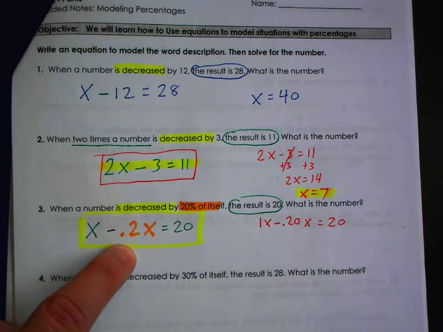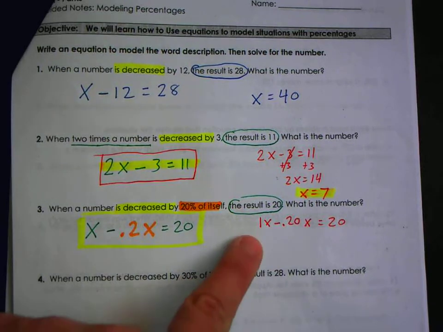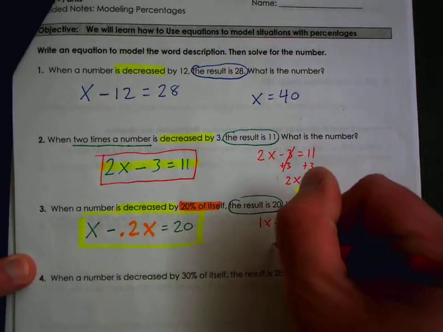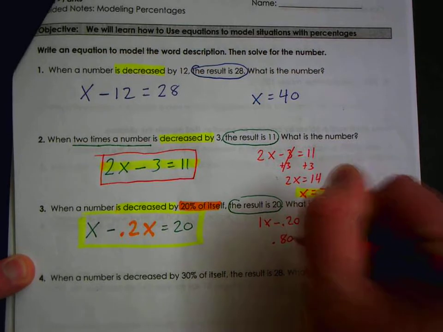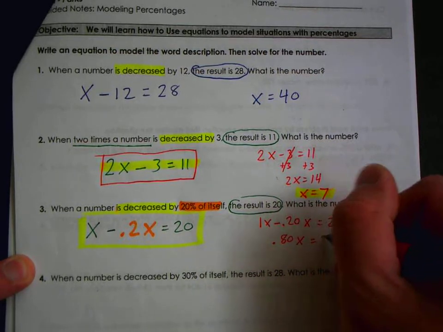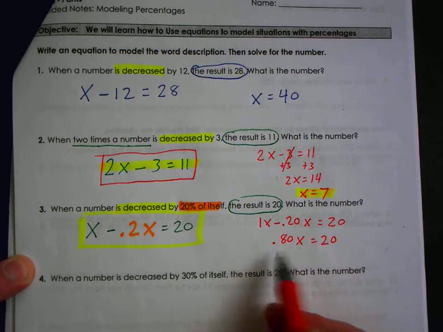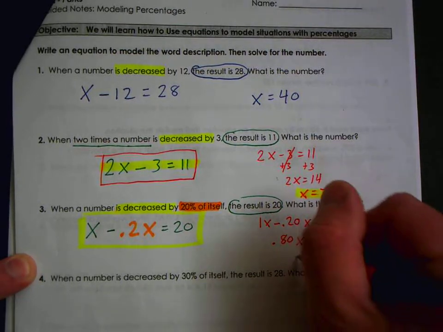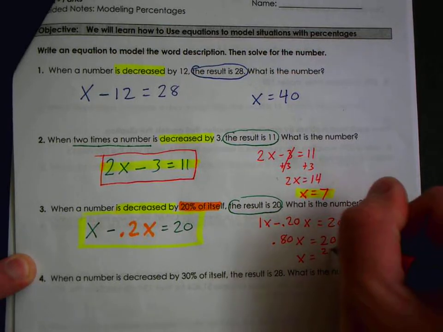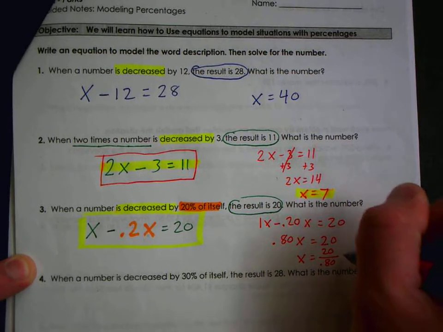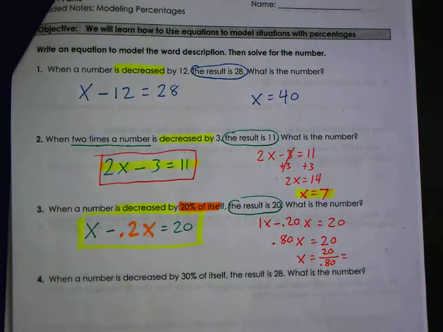Now $1 minus 20 cents would be 80 cents. So those are like terms on the same side. I combine them. And then to solve that, I would divide by 0.8. Or 0.80, same thing.